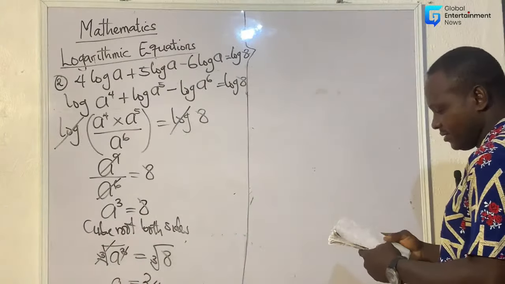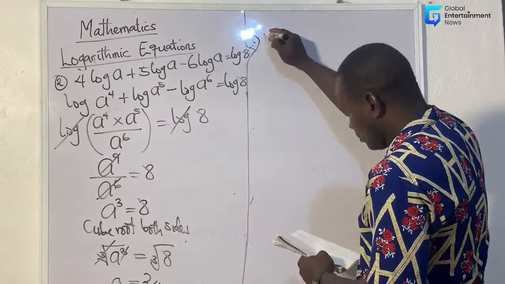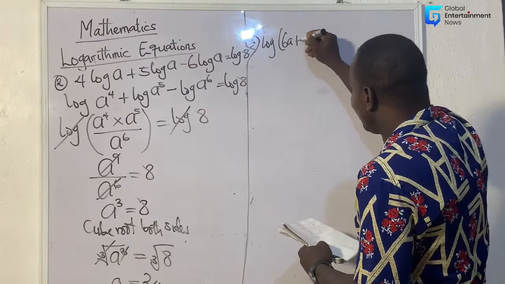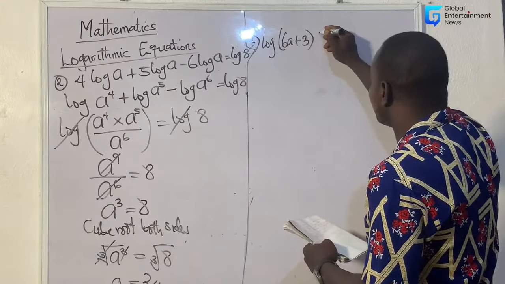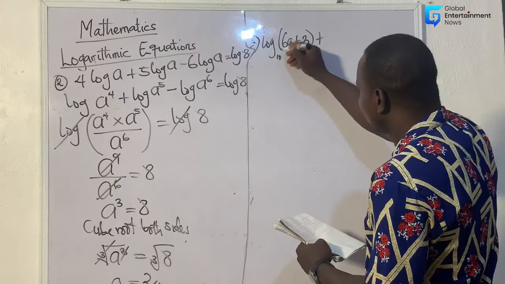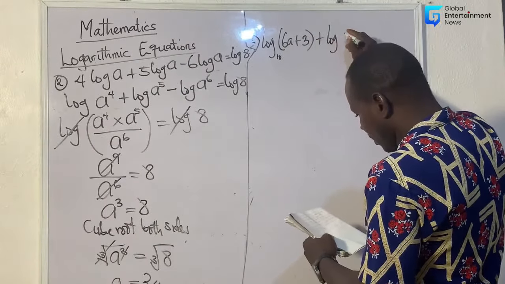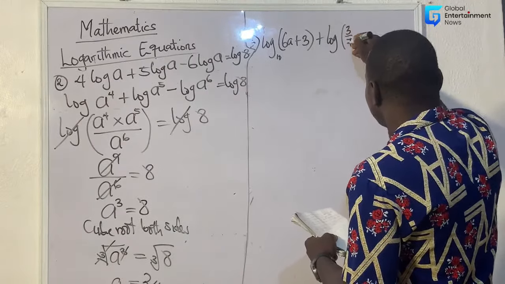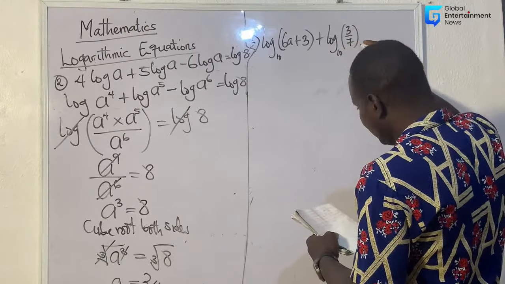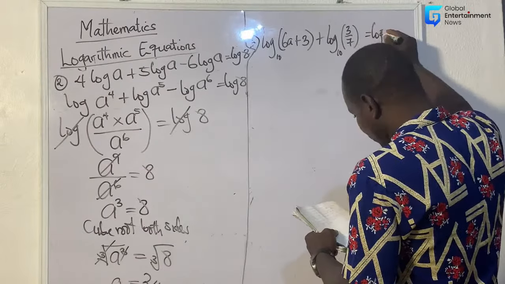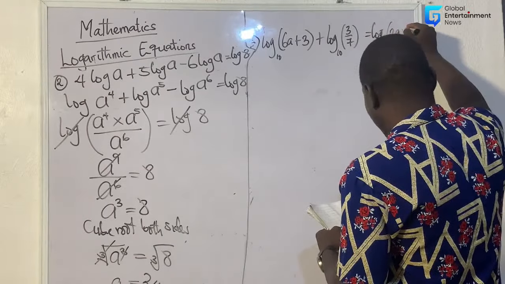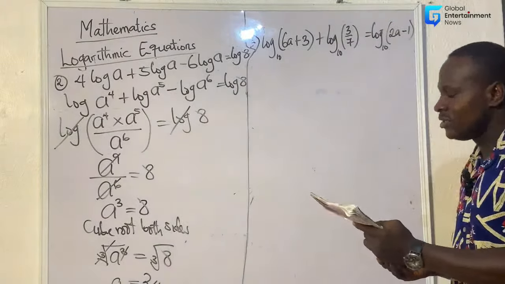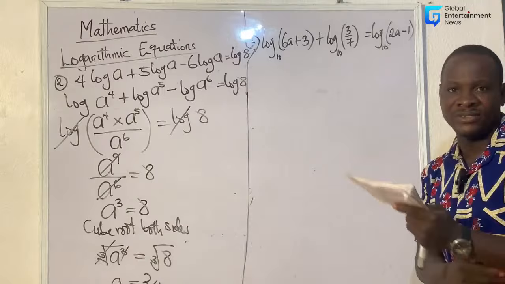Question number 3 says, look into log bracket 6a plus 3, bracket close, base 10, then the second one log bracket open 3 all over 7 base 10 is equal to log bracket open 2a minus 1 base 10. So how do we solve this?